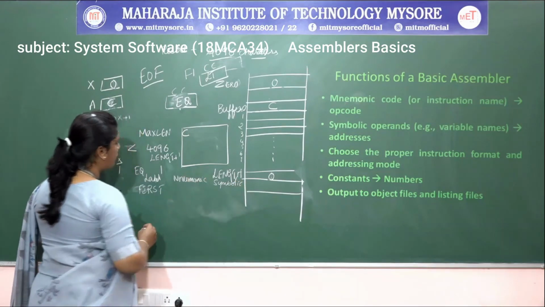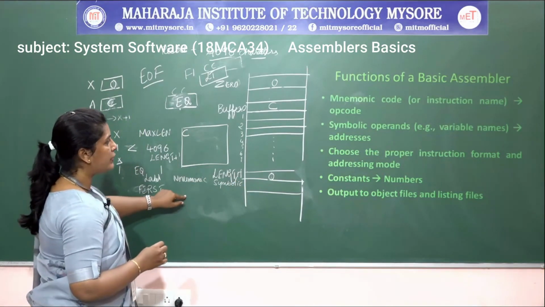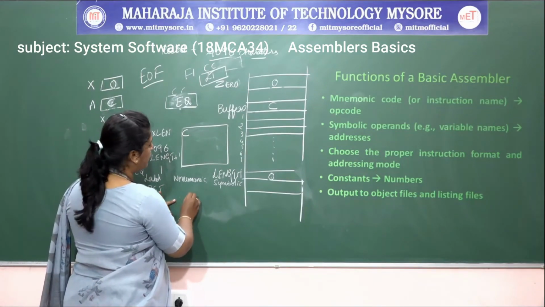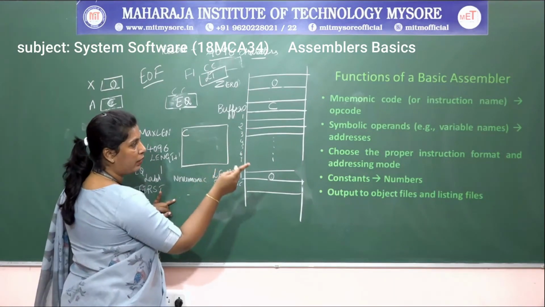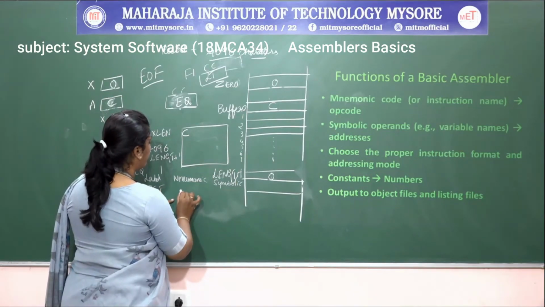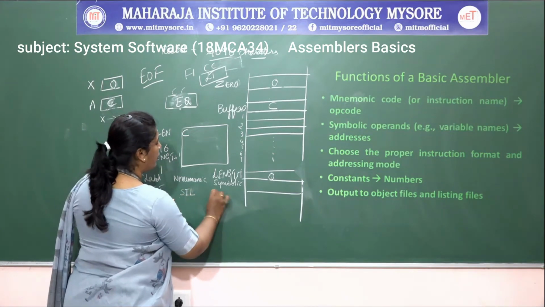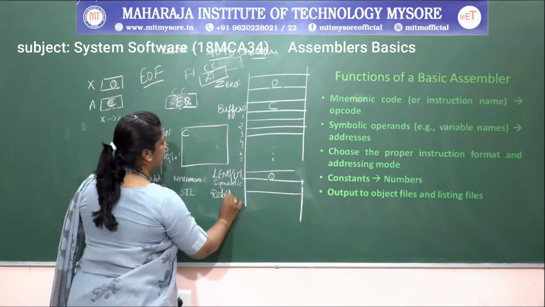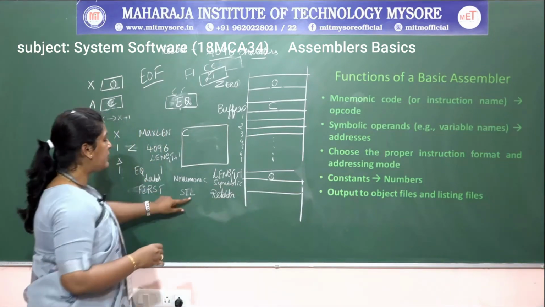First, it is going to convert that mnemonic code into its equivalent opcode. So what is the first mnemonic code here? Store linkage register, storing the value in return address, right. This is the mnemonic value.